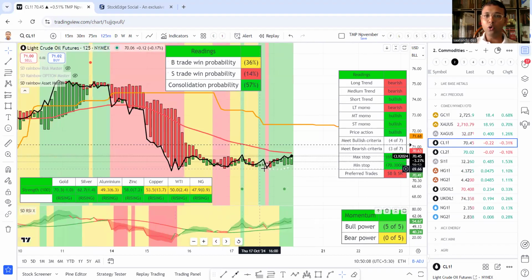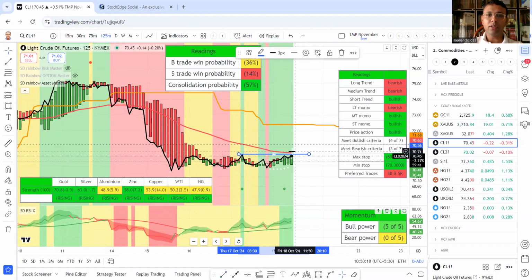It has formed a good base. So once it clears up from the base, say it moves above this line or the empty line, that would be an area to go long, to build long position on crude oil to start with. Will not go big because upper time frame is not supporting.